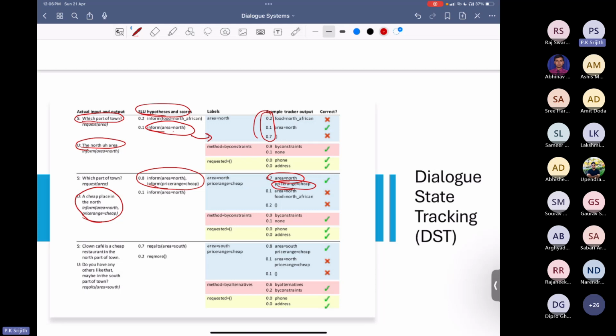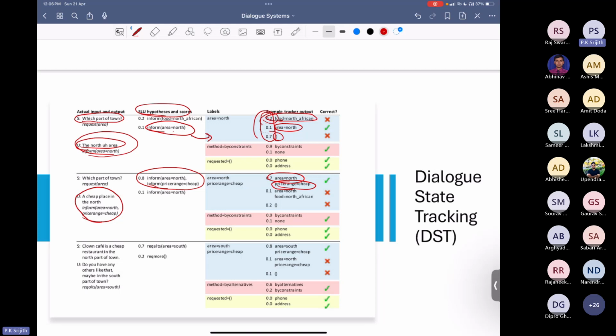It might predict that this user input is about some North African food with probability 0.2, this user input is about area north with probability 0.1, and nothing with probability 0.7.